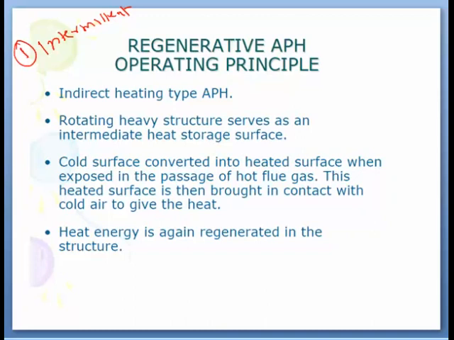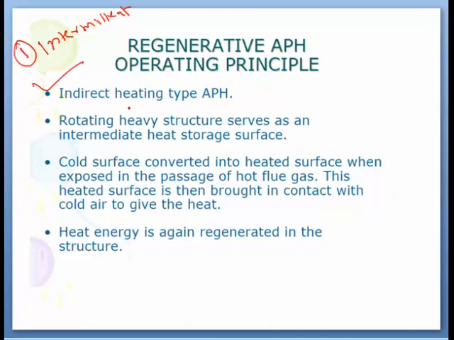In the first case, water is getting heat directly from the heat source. In the second case, the heat source is transferring its heat first to the stone. Stone is the thermal storage. It absorbs that heat, and once it is brought in contact with the water, it releases its heat to the water and water gets heated. That's why the regenerative type of air preheater is also called the indirect type of air preheater.